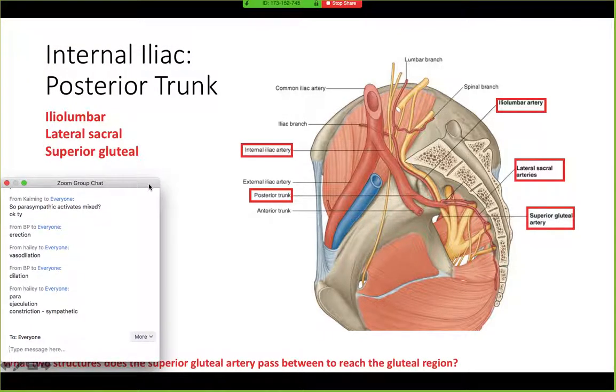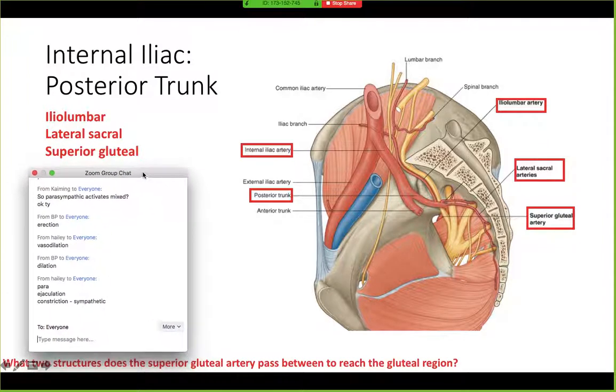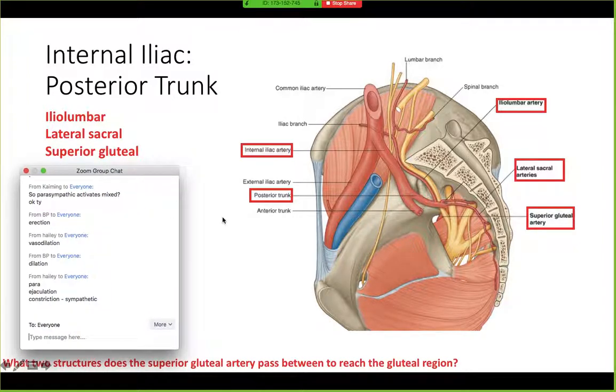All right. Next, we have the branches of the internal iliac artery. So when she said that you need to learn these based on where they're going, that's definitely the truth. I know that there are mnemonics out there, but I'm not even going to say them because I don't think it's helpful.